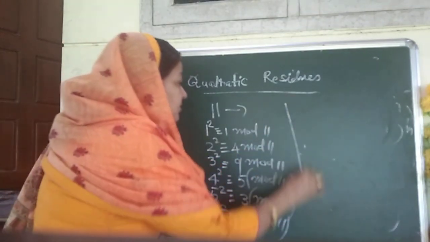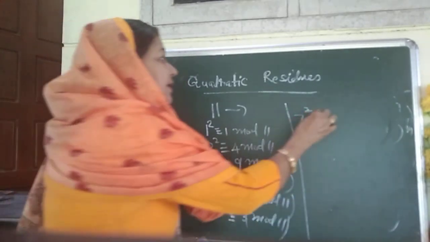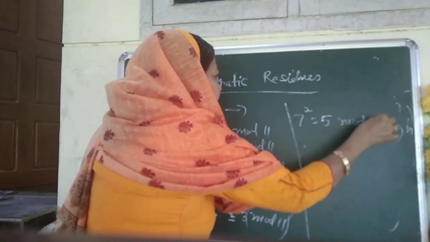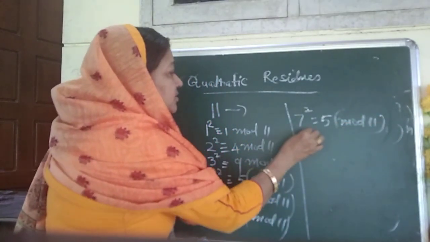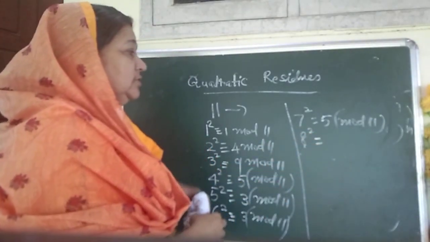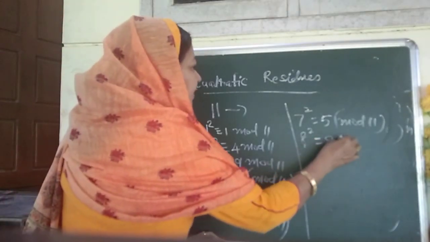Again, 7 square. 7 square is 49. 49 is again 5 mod 11. Then 8 square. 8 square is 64. 64 minus 55 is 9, so it is 9 mod 11.